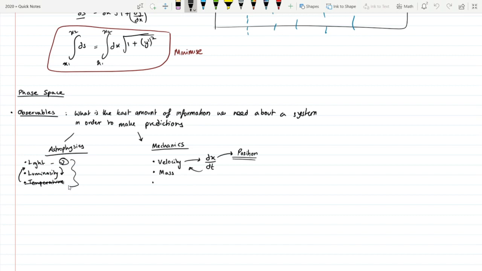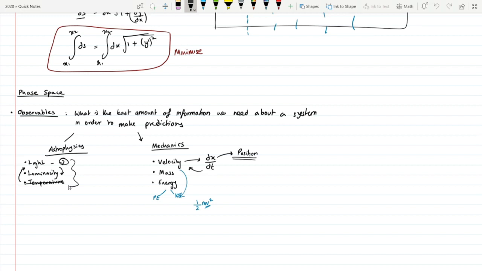What about energy? If we know the energy of a system, perhaps we could do something with it. Yeah, potential and kinetic energies, like in the Lagrangian. But when you start to think about it, you find out that energy itself is defined in terms of velocity, right? The kinetic energy is half mv squared, so it already has a velocity sitting in there.